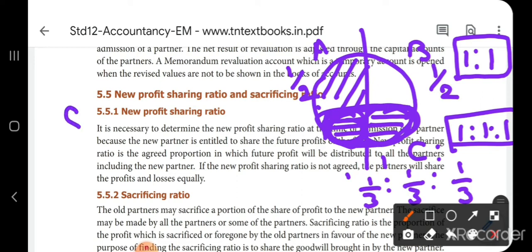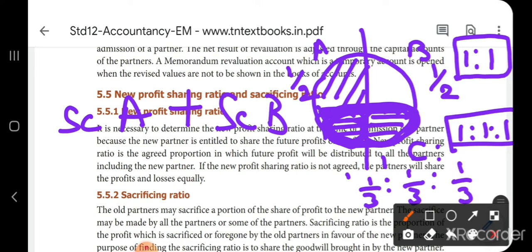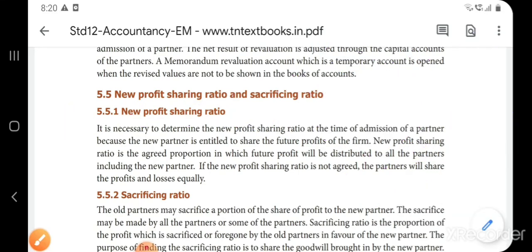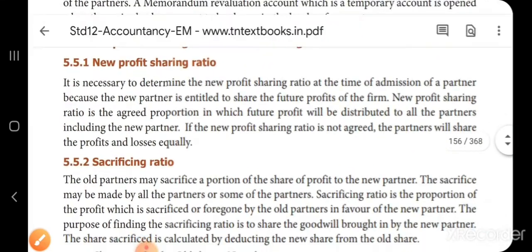Sacrificing share of A plus sacrificing share of B is the new ratio of C. What is the new ratio of C? Sacrifice made by A plus sacrifice made by B is the new ratio for C. Hope you understood. Now we'll just go through the theory part here.